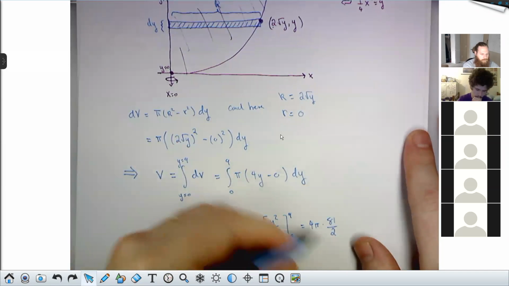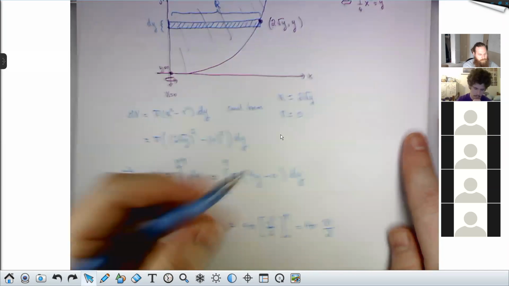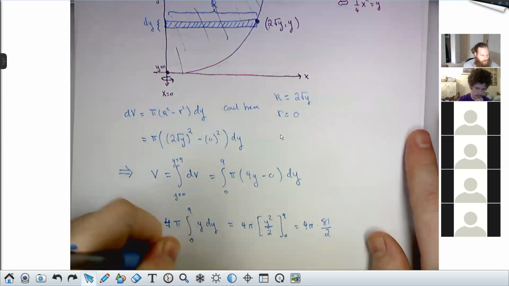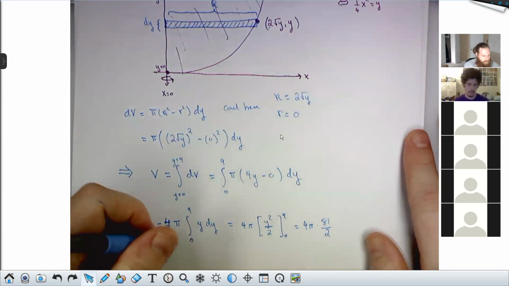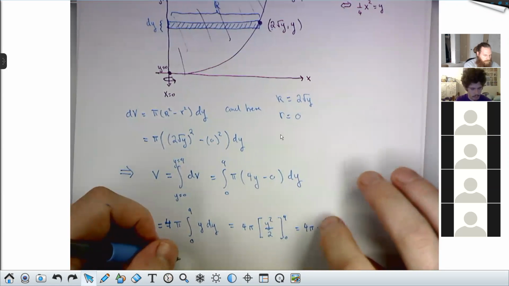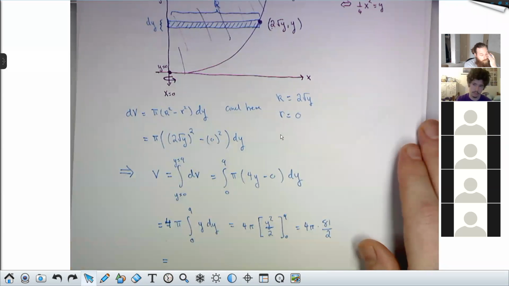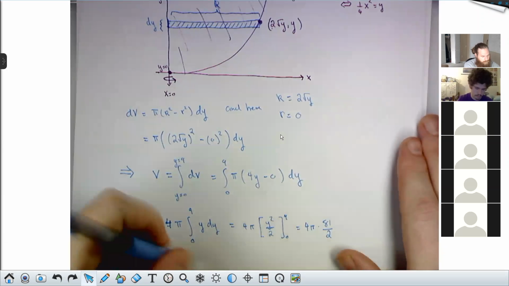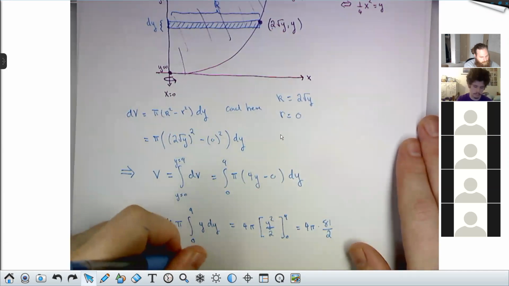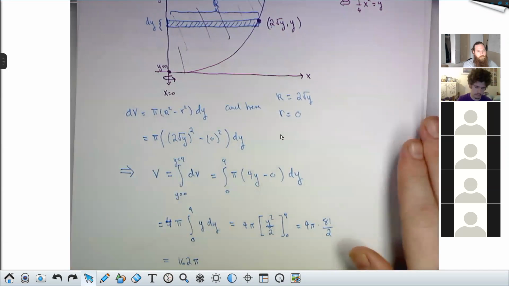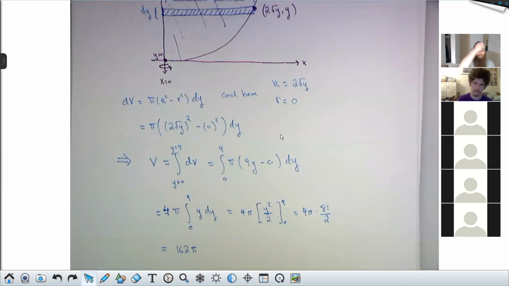And you can cancel the 4 and the 2 if you want. So then you'd be left with 2 times 81. 2 times 81 is 162, is that right? 162 times pi? Yeah.